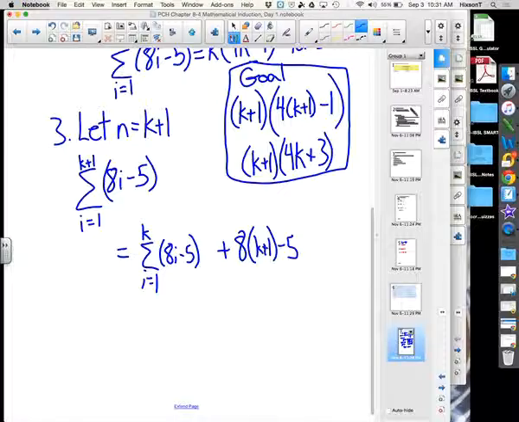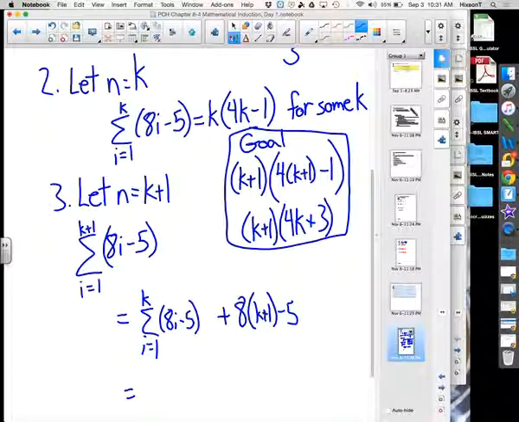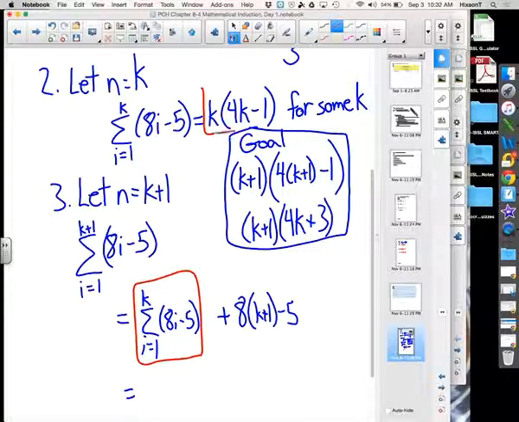Now, we can refer back to what we just saw above. What was the sum from i equals 1 to k? It's k times 4k minus 1. So I'm going to replace this with this.